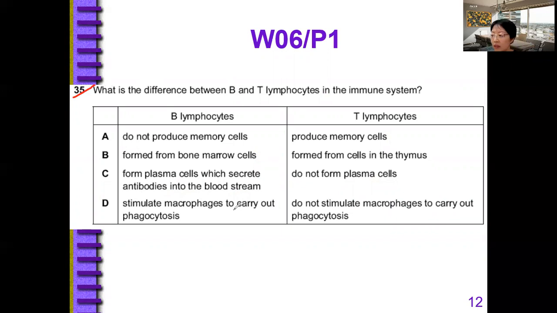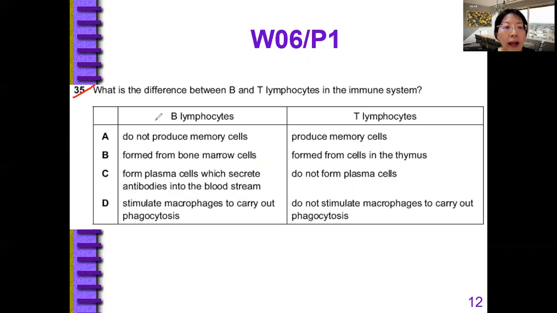So what will be the answer? Xin Yin Teng says it is C. What about the rest of you? Is the answer C? Yes, the answer is C. All of you typed C.